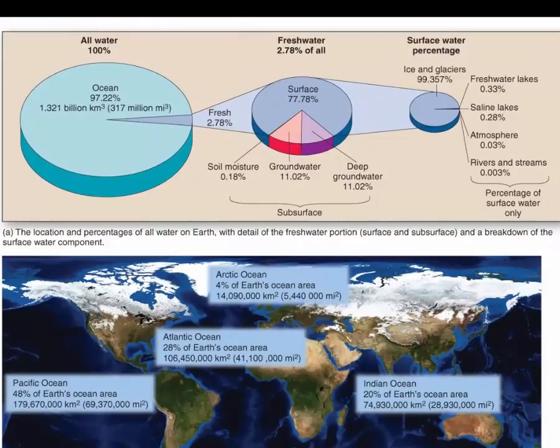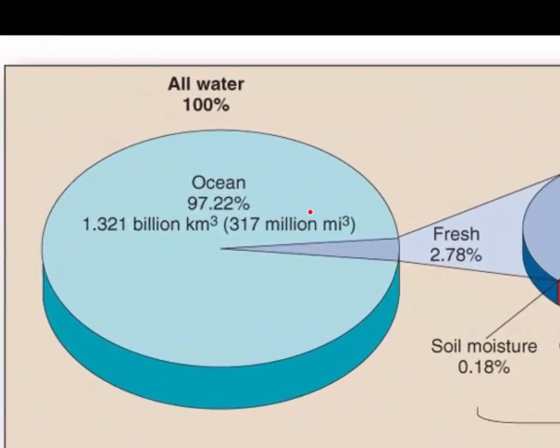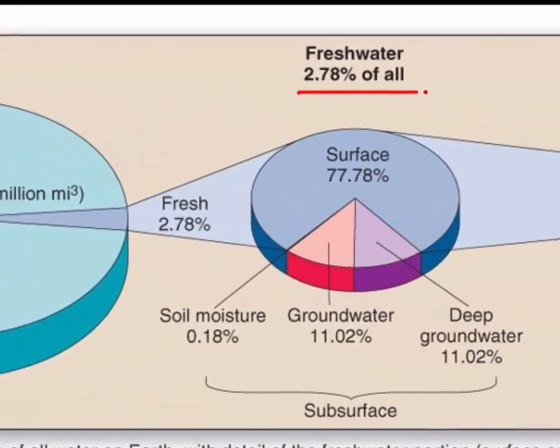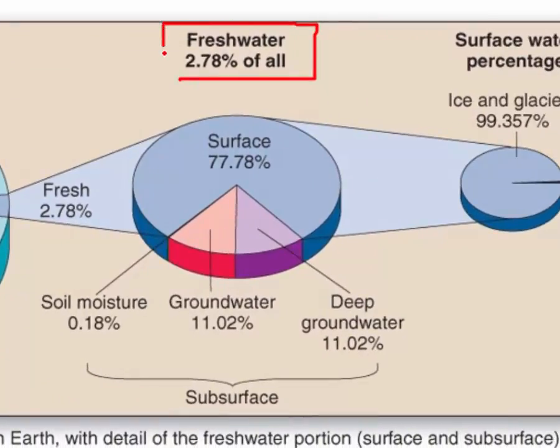About 71% of the Earth's surface is covered by water, and the vast majority of that, 97.22% of all of Earth's water, is held in the ocean, which leaves not a great deal, somewhere around 3% of fresh water, which is the sort that's not salty, that is drinkable or usable for most of our purposes.